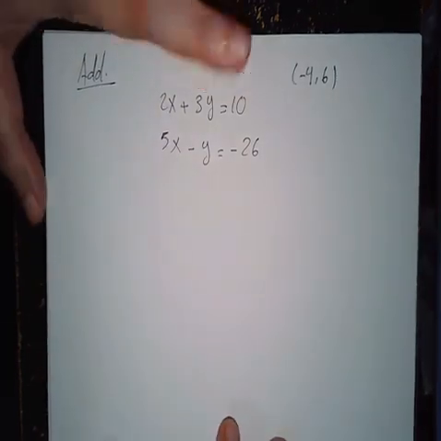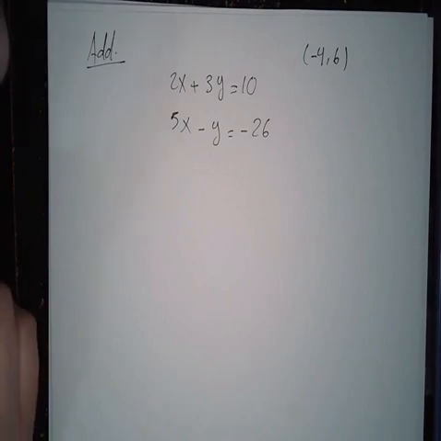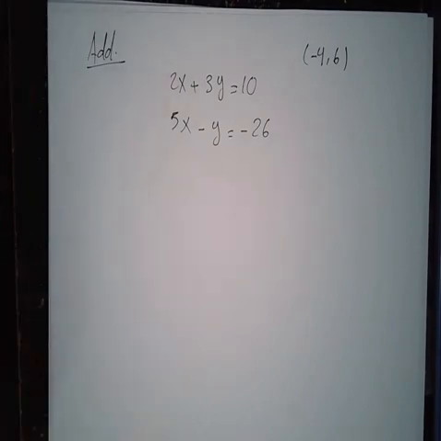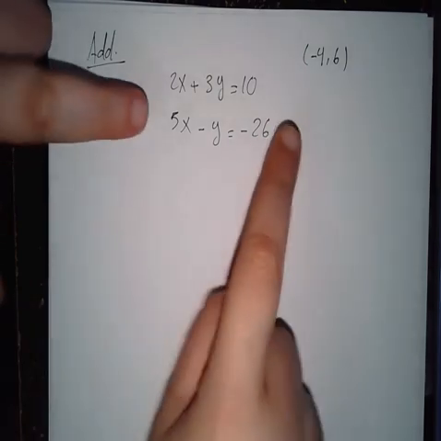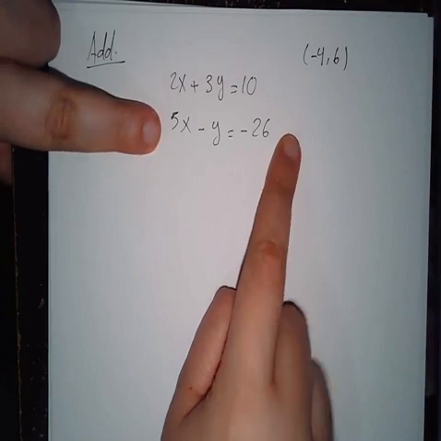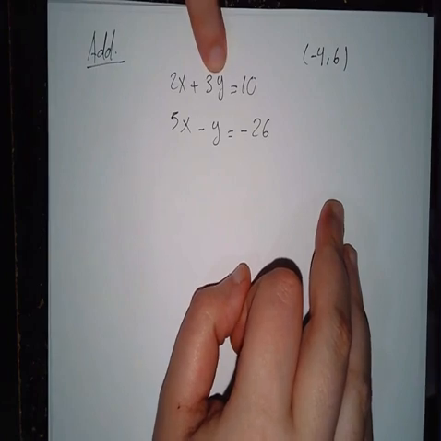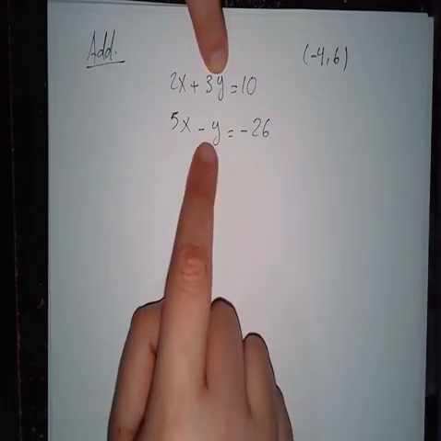Okay? So the addition method is I need to manipulate the coefficient of one of the variables so that they cancel out. Yeah? So what I'm going to do here is I'm going to multiply the equation on the bottom by 3. And here's why. Because over here I have 3y, over here I have negative 1y.